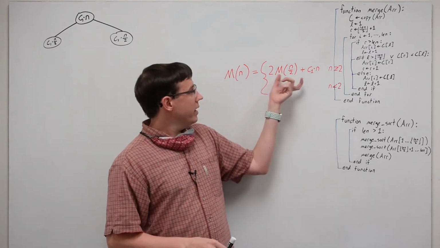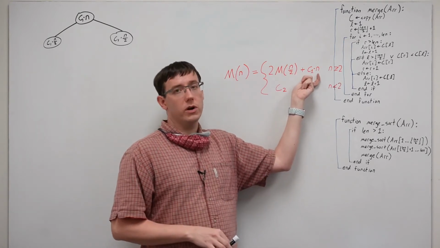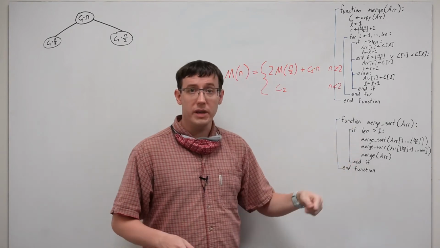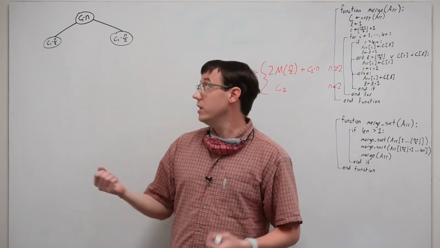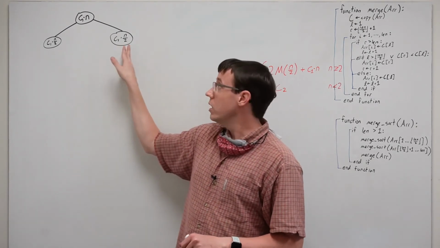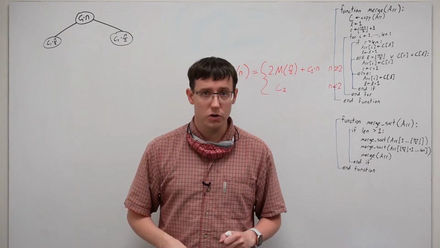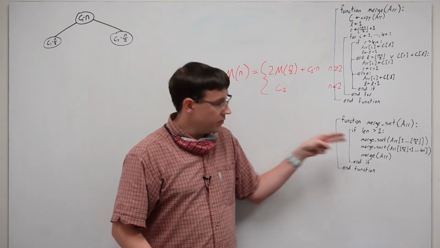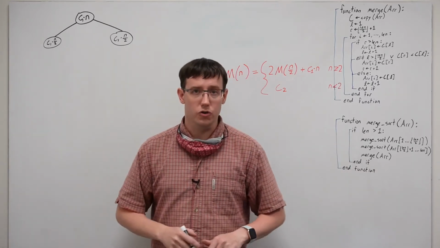So when we evaluate the c1 times n term of the recurrence, n on those recursive calls will be n over 2 from the original array. So in each of these nodes, we do c1 times n over 2 work performing a merge, and each of these nodes recursively calls merge sort, and so we extend our recursion tree.